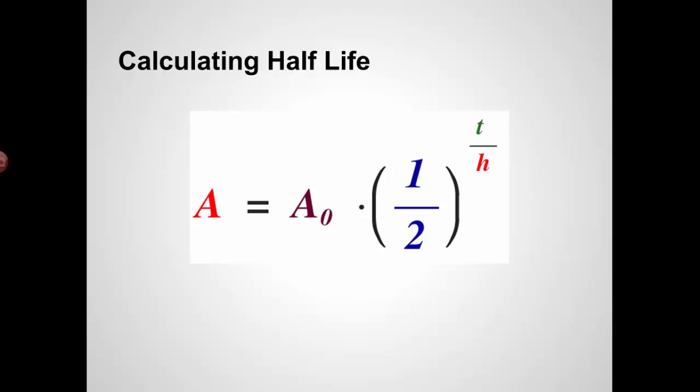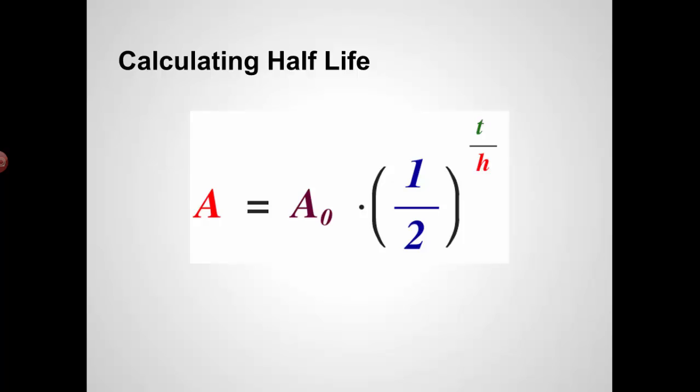A with a little 0, which we call A naught, is the amount of atoms that you started with, your starting material. The half in parentheses, well, we're talking about half-life. Half of it is going away. The exponent T over H: T stands for the amount of time that you're allowing this to decay, and H is the half-life itself.